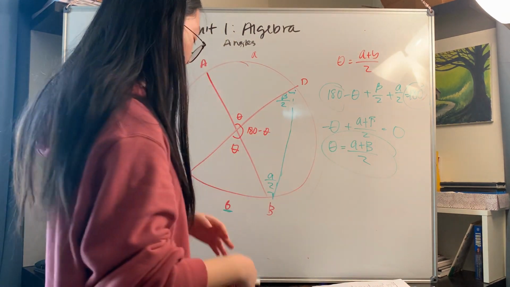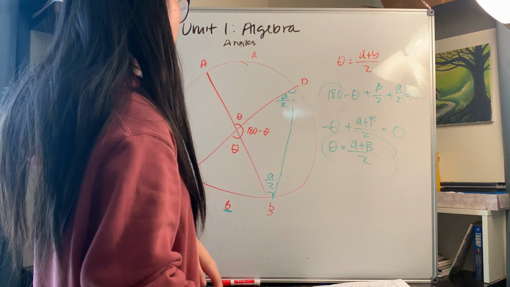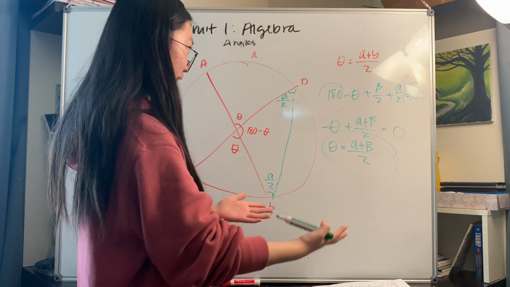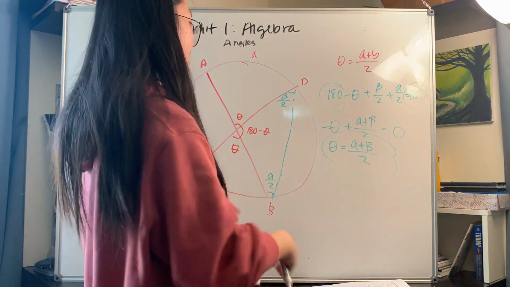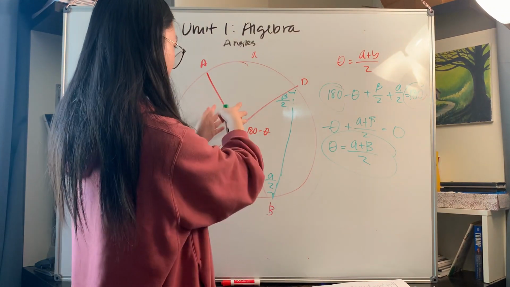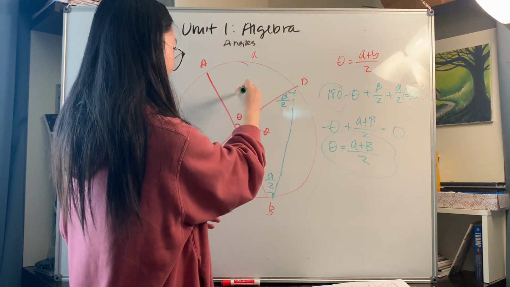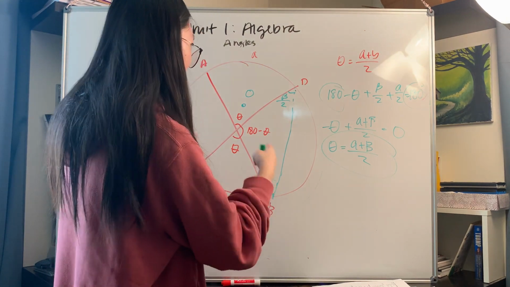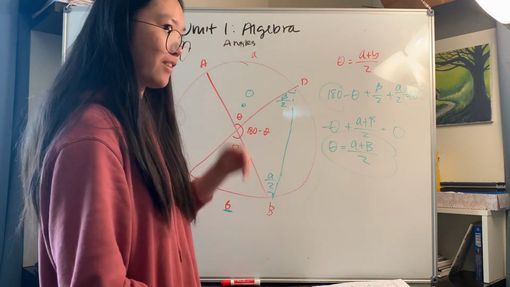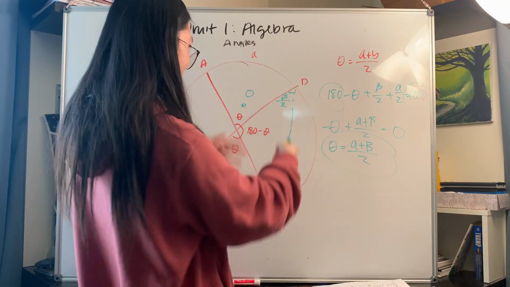I would say that when you're doing problems like this, look to create inscribed angles, especially with arcs. Because if you have the value of an arc but you don't have a central angle, like point O is not labeled, that means that this arc might only be helpful for determining the value of the inscribed angle that corresponds to it.